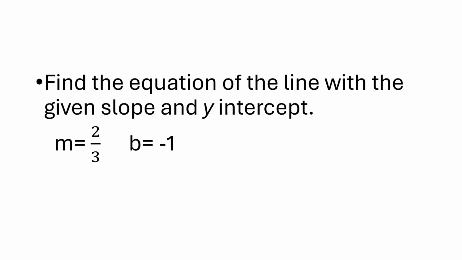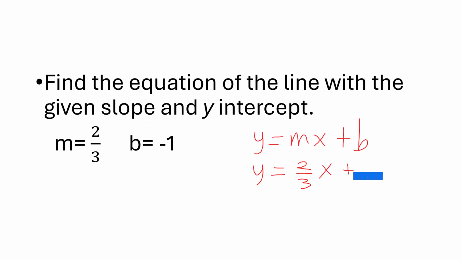Find the equation of the line with the given slope and y-intercept. So this time around, I'm given the slope and the y-intercept. The first thing is y equals mx plus b. y would stay. I've got m is 2/3 x plus my b is -1.